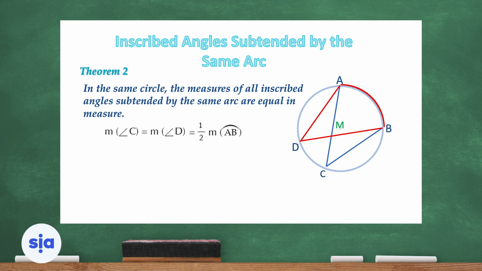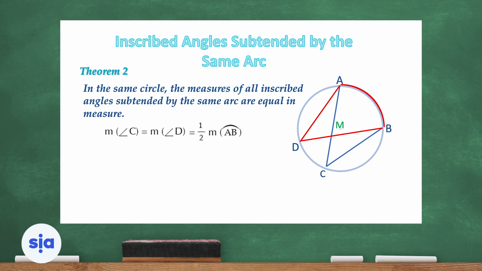How did we know that? Angle ADB equals half the measure of arc AB, as the inscribed angle is half the measure of its subtended arc. And angle ACB, which is angle C, is an inscribed angle for arc AB.